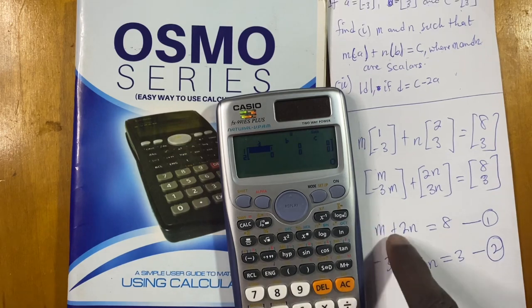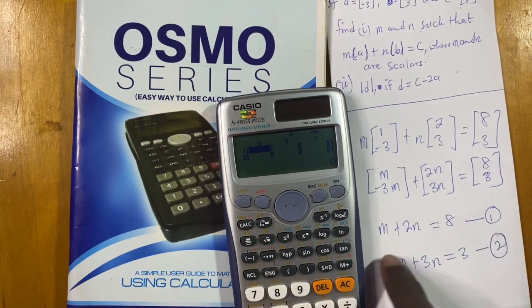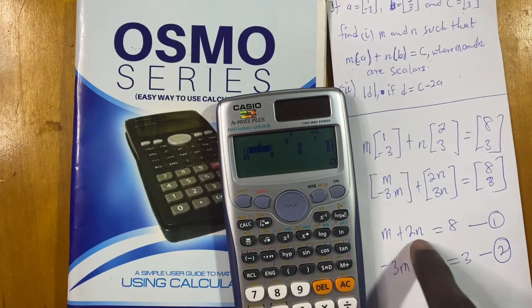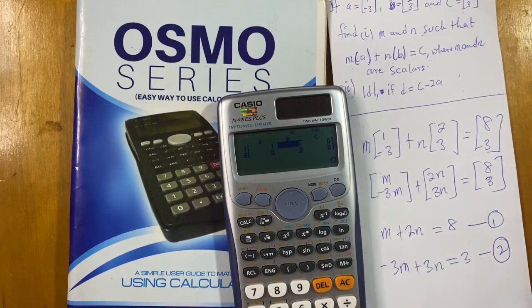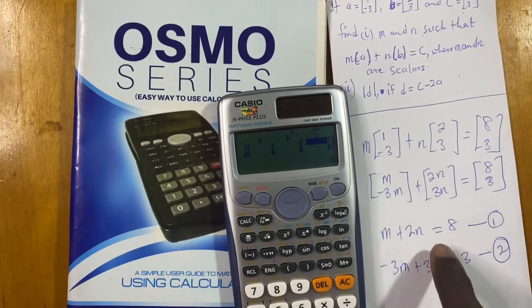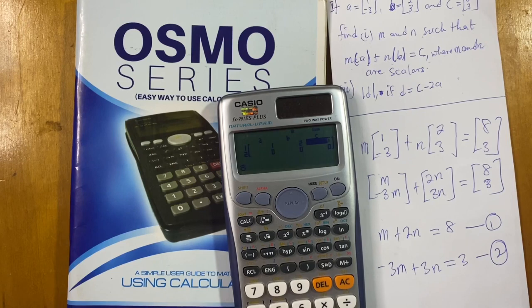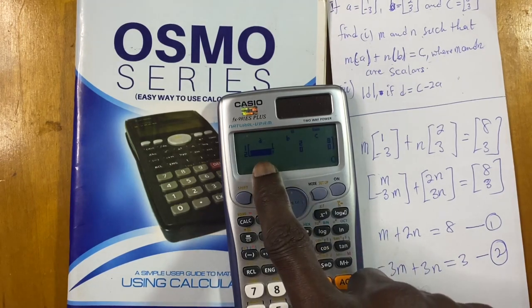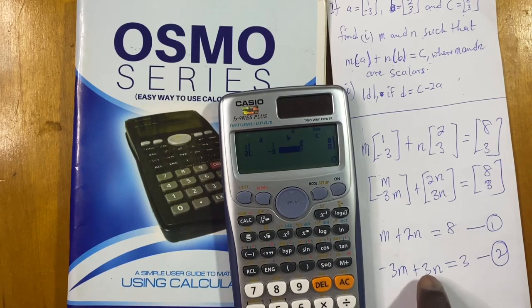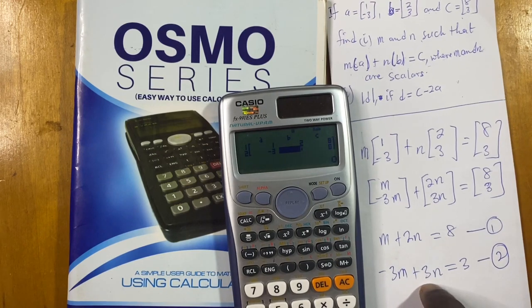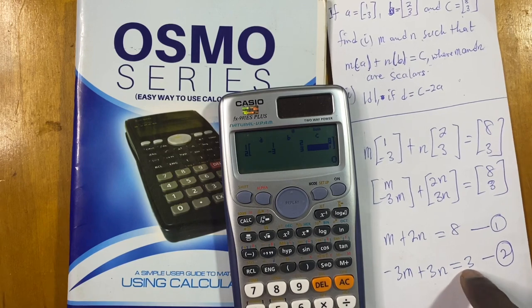Not only the coefficients that we need to enter. So this is 1, this is 2, this is 8. Now we have 1 equal sign, 2 equal sign, 8 equal sign. Then it sends you to equation 2. -3 equal sign, +3 equal sign, and 3 here again as positive 3.